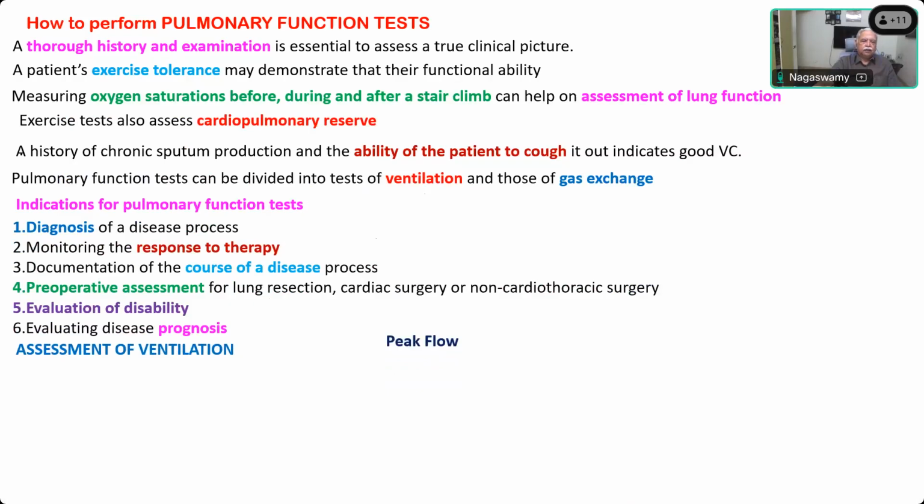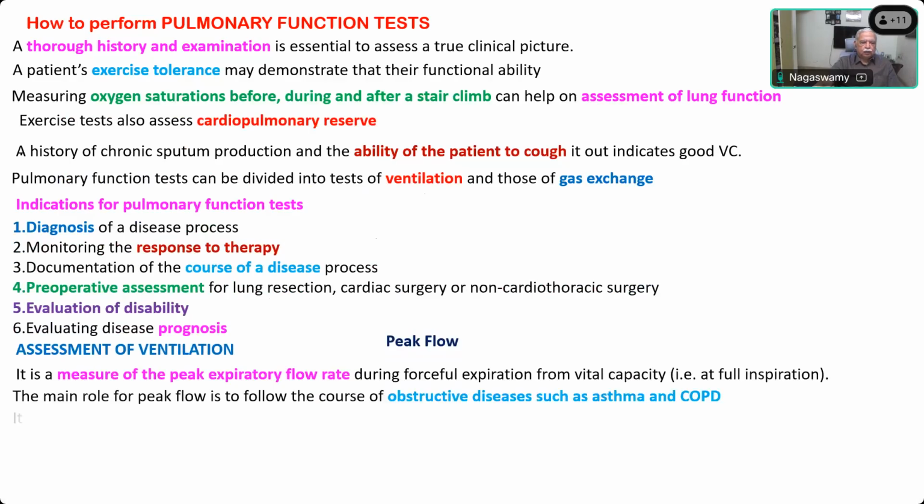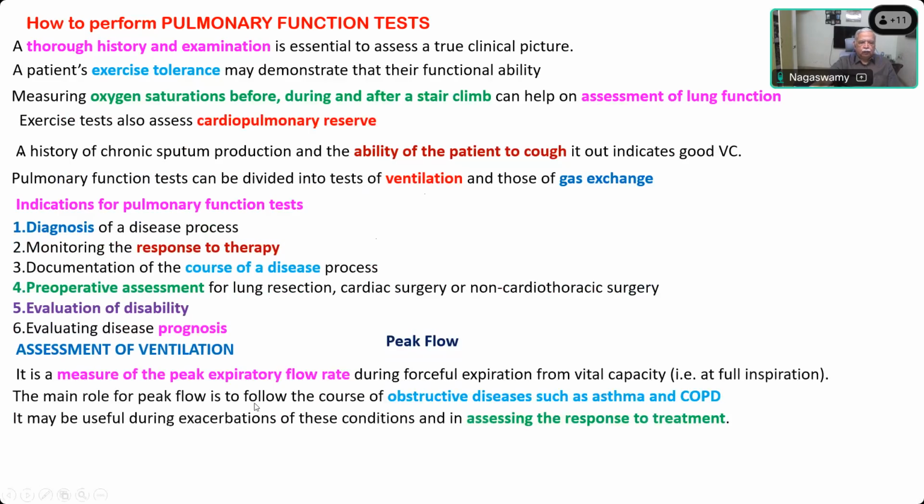It measures the peak expiratory flow rate during forceful expiration from vital capacity. That is, after a full inspiration, you ask the patient to blow out as forcefully as possible. The main role of peak flow is to follow the course of obstructive disease or COPD, and it may be useful during exacerbation to assess the response to treatment also.